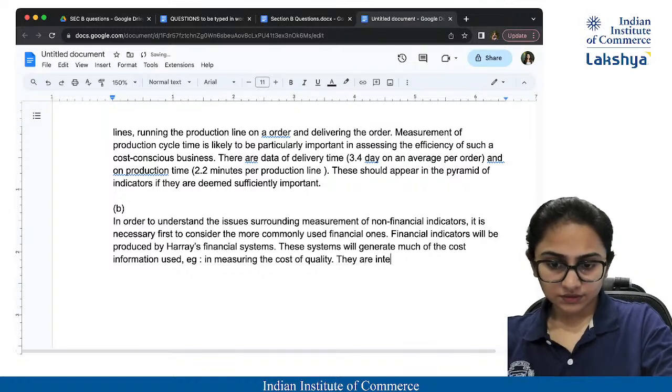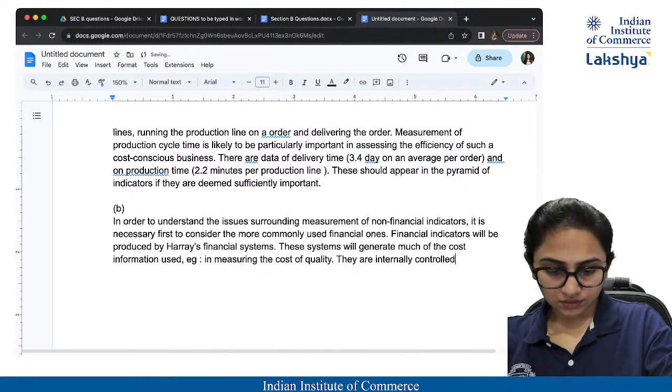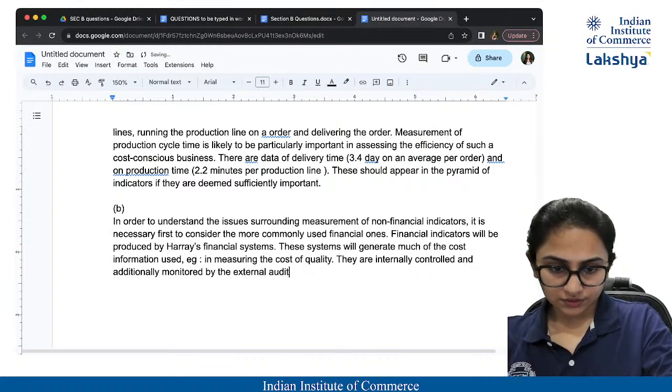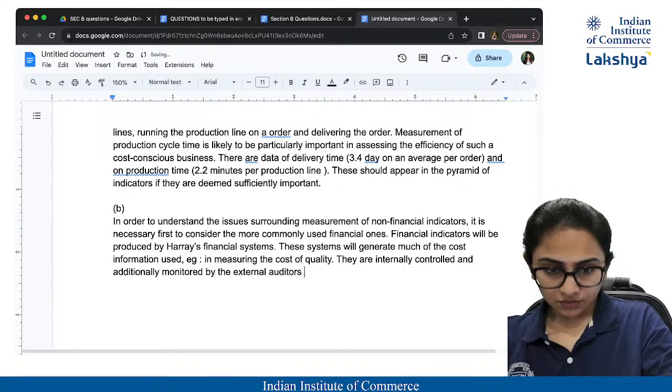They are internally controlled and additionally monitored by the external auditors of the organization.